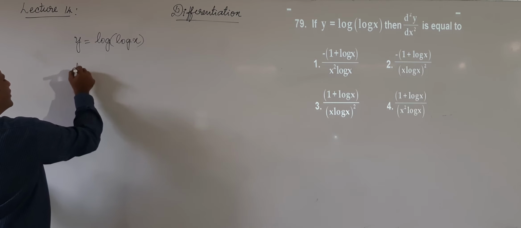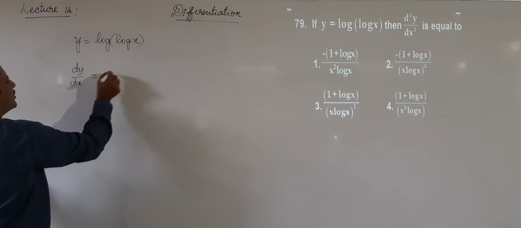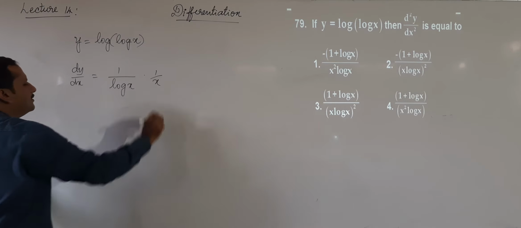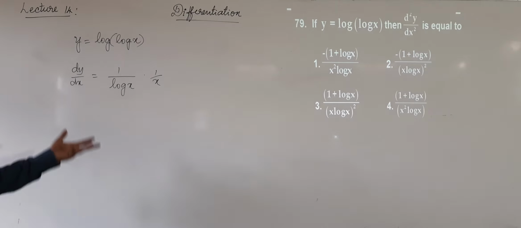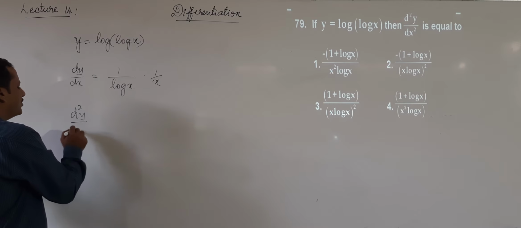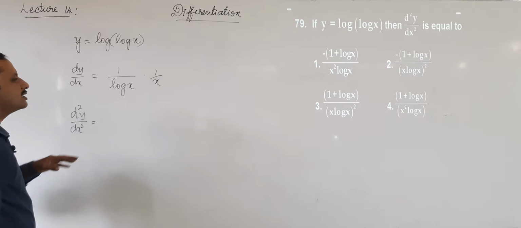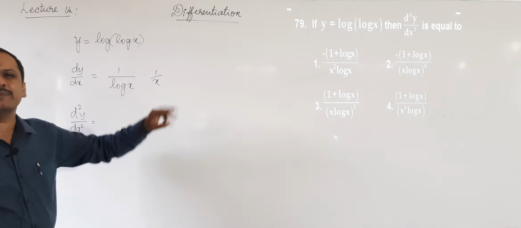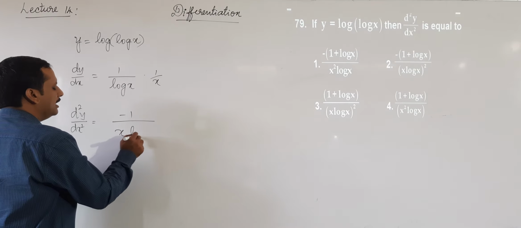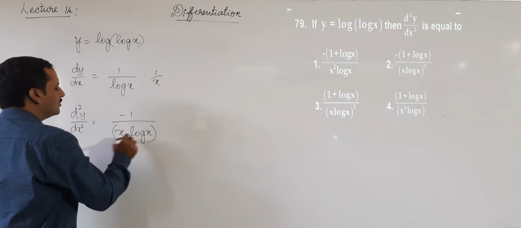Differentiate it once. dy by dx is equal to 1 by log x into the derivative of log x, which is 1 by x. So this is 1 by x log x. So now d square y by dx square is equal to, it's of the form 1 by x. Derivative of 1 by x is minus 1 by x square. So here you get minus 1 by x log x whole square.